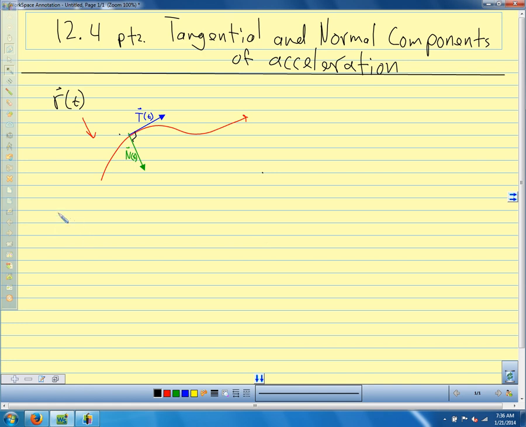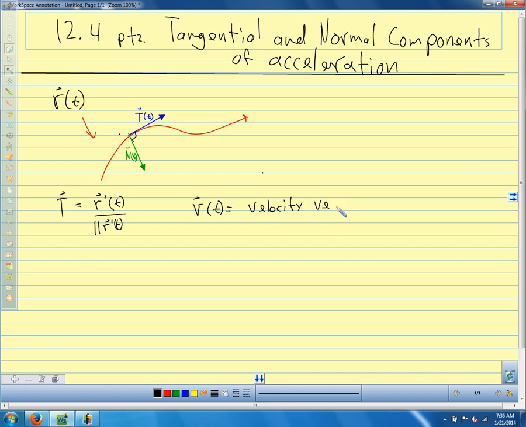So we defined T, our unit tangent vector, as r prime over the magnitude of r prime. So let's call the velocity vector v.